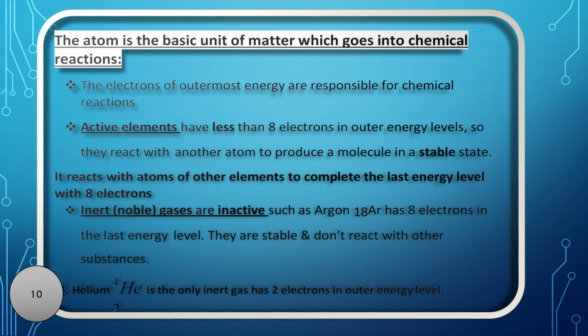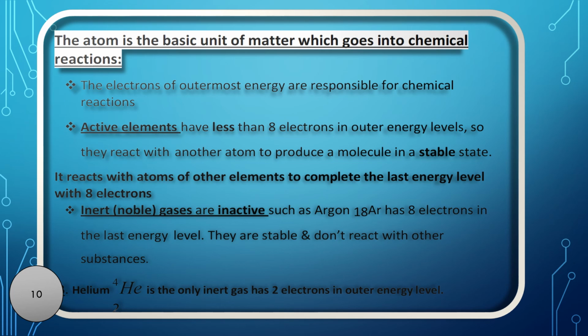Next. We can classify any elements into two types: active elements and inactive elements. Active elements are elements that have less than 8 electrons in the outermost energy level. So they react with another atom to produce a molecule in a stable state.